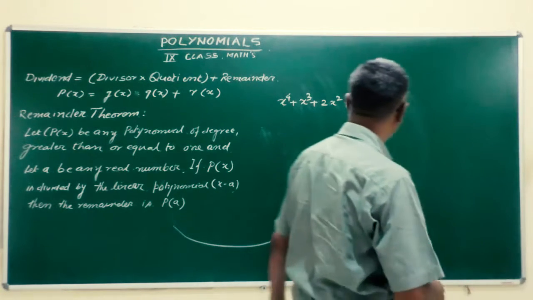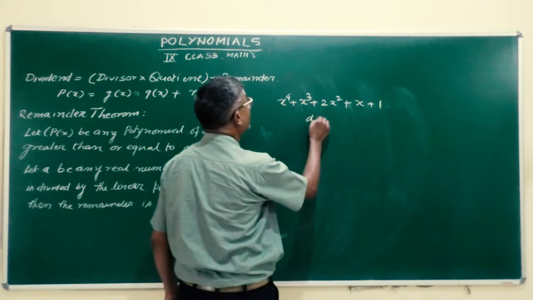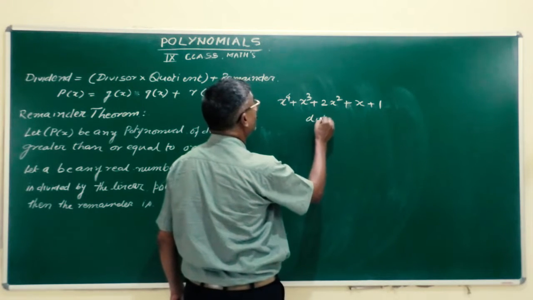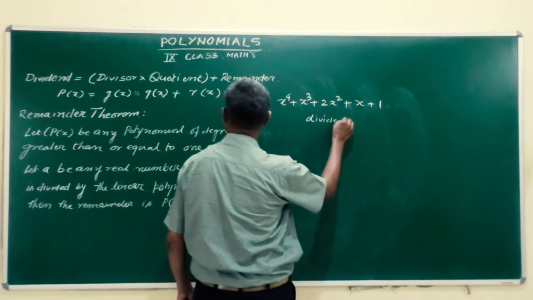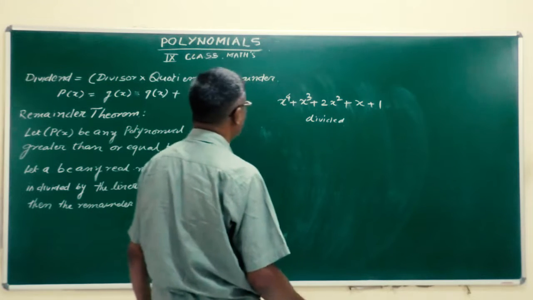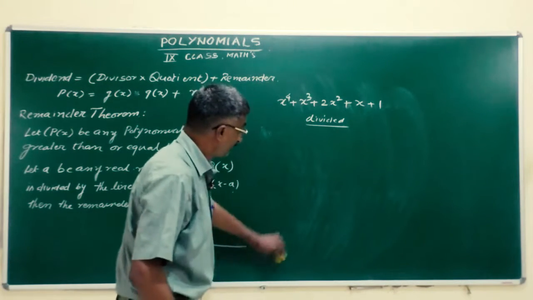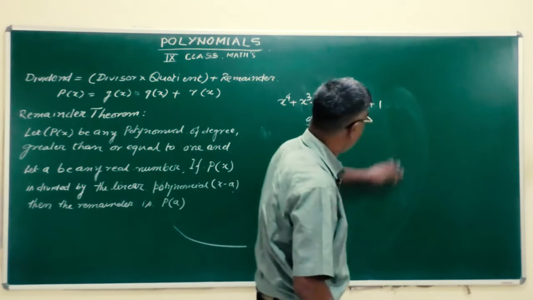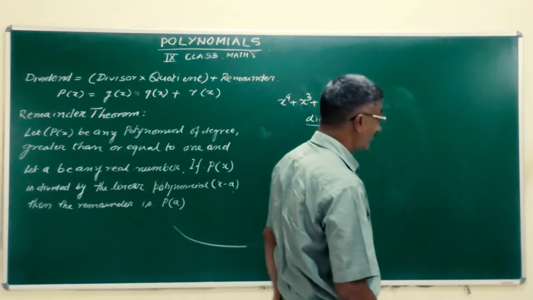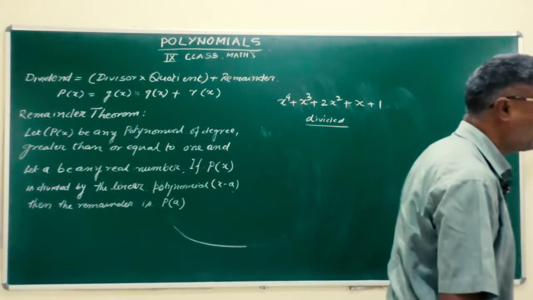Sorry, is it correct? I have to check. We have to find out the remainder when it is divided by x minus 1.